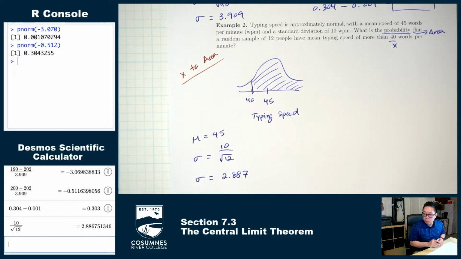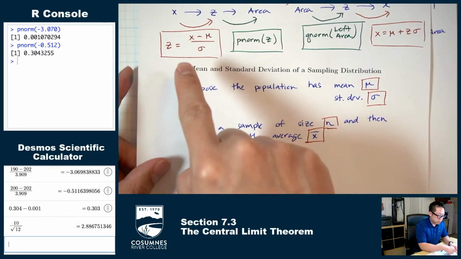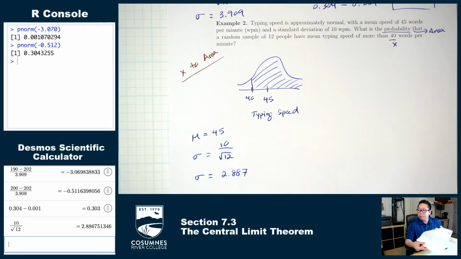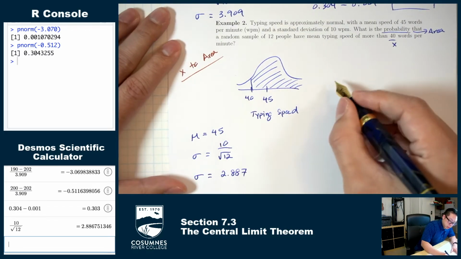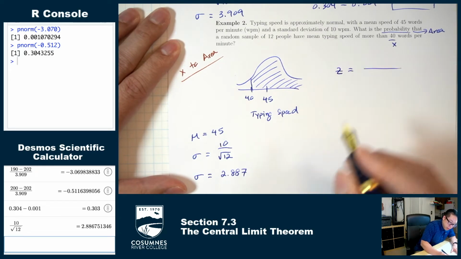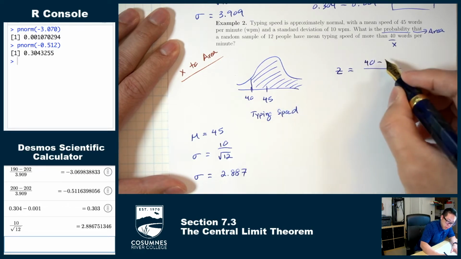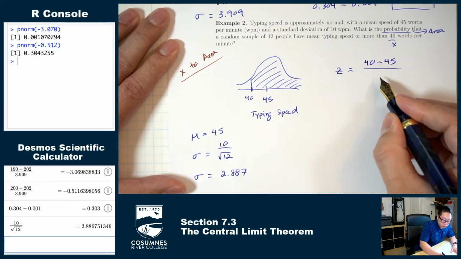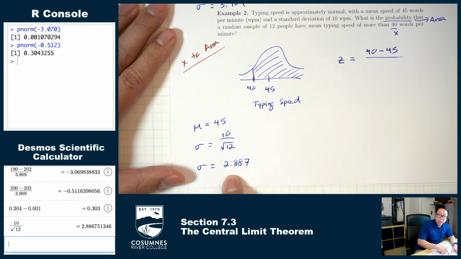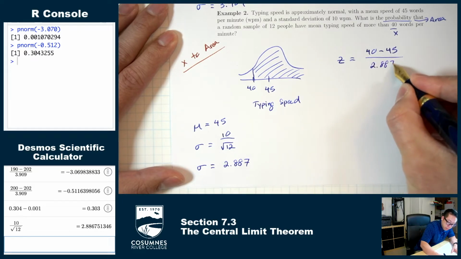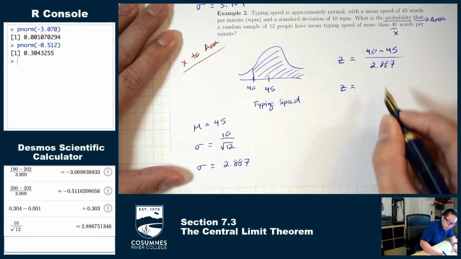And now for my workflow. So this is x to area. For x to area, I should do my z-score formula first. So first thing I need to do is the z. X minus the mean, so our x is the 40, minus the mean, which is the 45, over the standard deviation, which is not the 10, but the new one, 2.887.